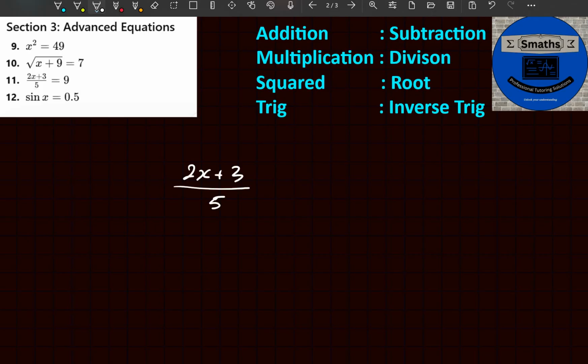Now the next question might seem a bit challenging, but I know you're up to meet the challenge. So let's go. We see that 2x plus 3 over 5 is equal to 9. We need to solve for x. Here the first thing I would do is multiply both sides by 5 to get rid of this divisor right here. And so both sides of the equation are multiplied by 5.